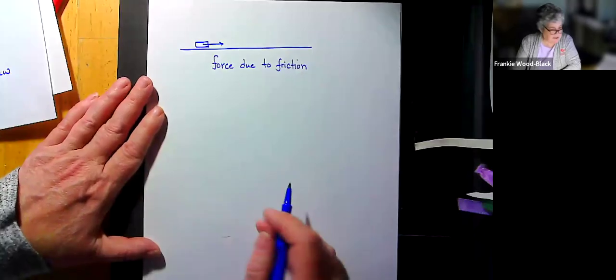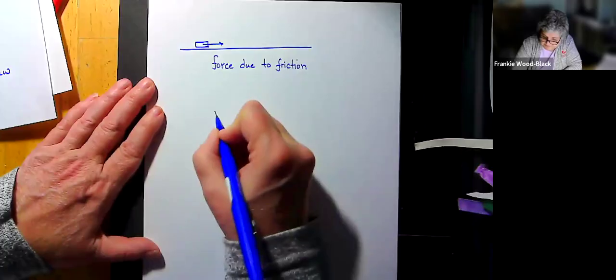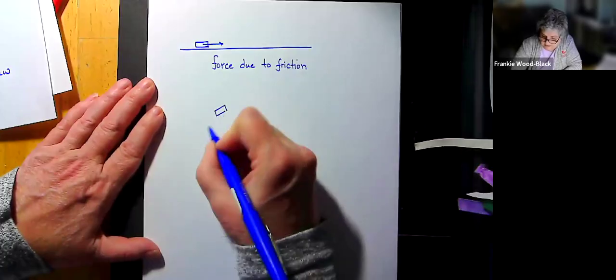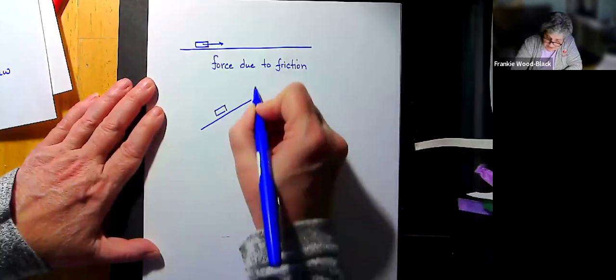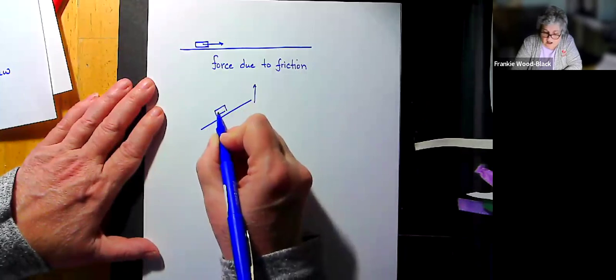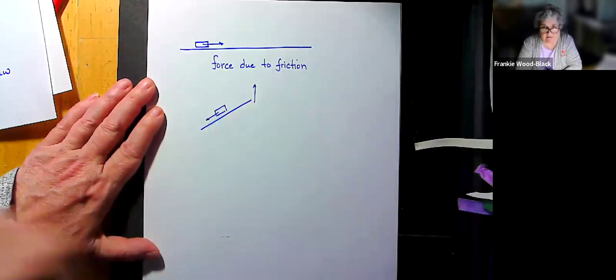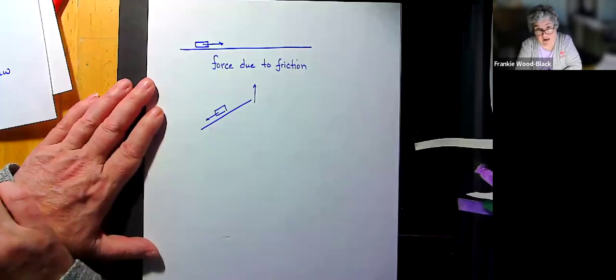Now, if I take a block and I put it on a plane, I can raise this plane and the block will sit there and it'll sit there, and then all of a sudden it starts to slide down. And that's how we can actually measure friction. And that's what you guys are going to do in the lab for next week, is you're actually going to measure friction.